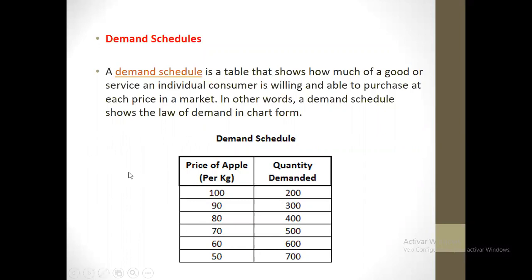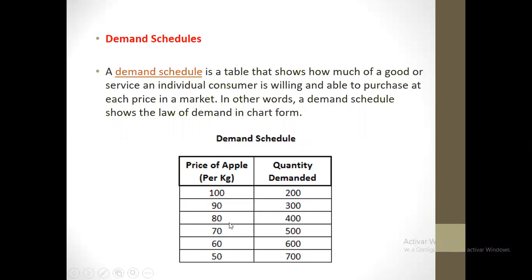Over here there are two columns. The first one is the price of apples per kilo, and the other one is the quantity that you can buy at this price. As you see, as the price goes down, the quantity rises. As the price goes up, the demand is less.